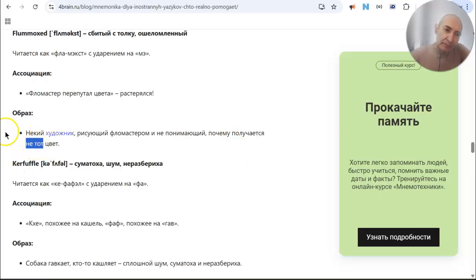So again, некий художник, рисующий фломастером и не понимающий, почему получается не тот цвет. So certain painter who is painting with a marker and doesn't understand why it turns out not the right color. Okay guys, so we will stop here in terms of our material today.